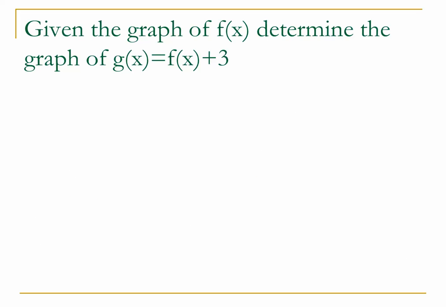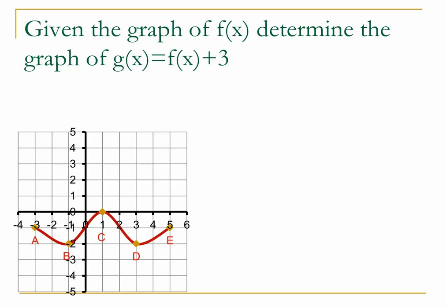So given the graph of f of x, determine the graph of g of x equals f of x plus 3. So starting with that f of x that we had on the previous slide, and let me just make a side note here that f of x can change. This is not the only f of x that ever is. It's just for these next few examples, this is the f of x that I am using.